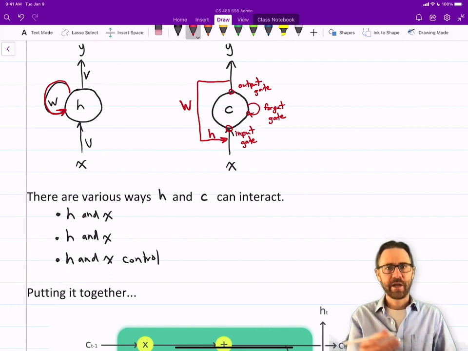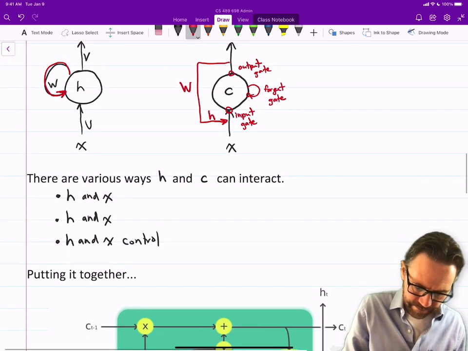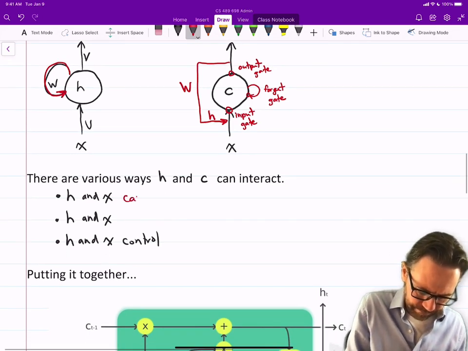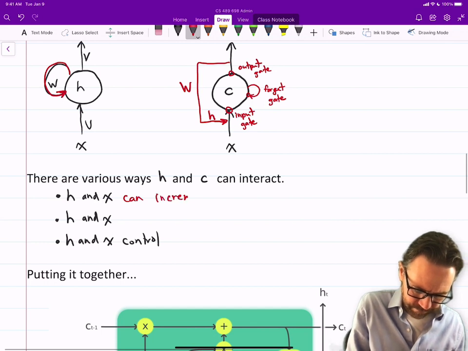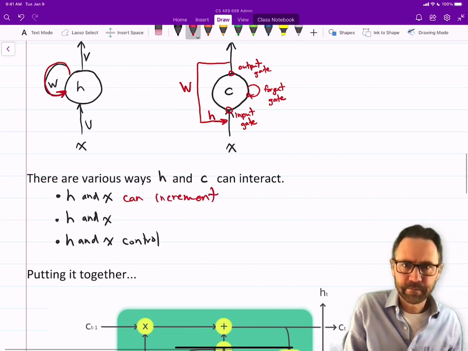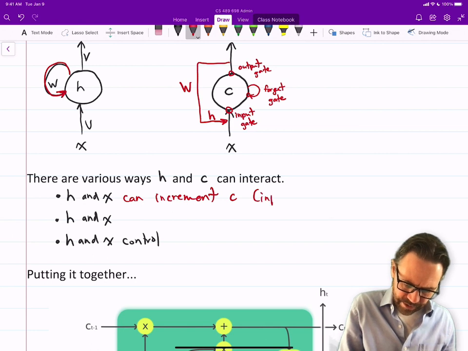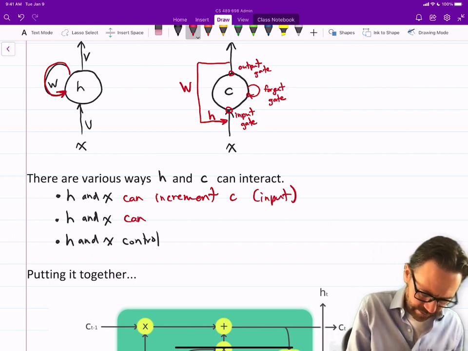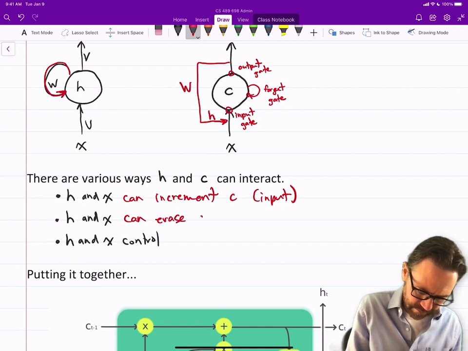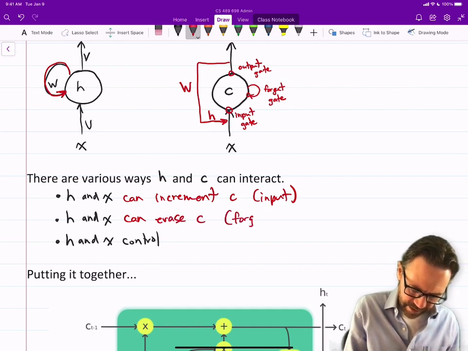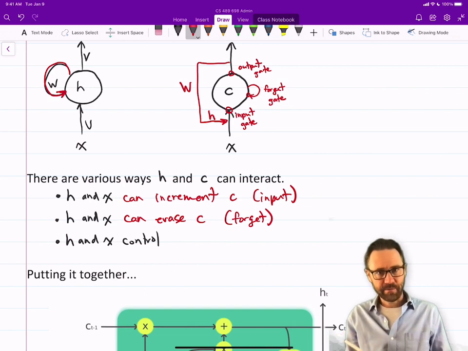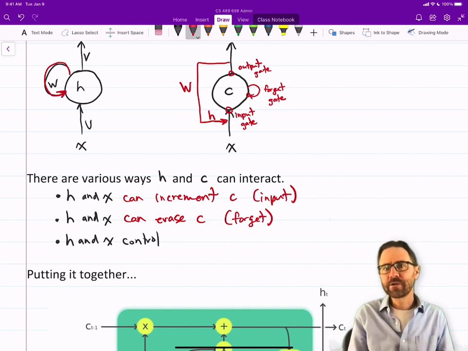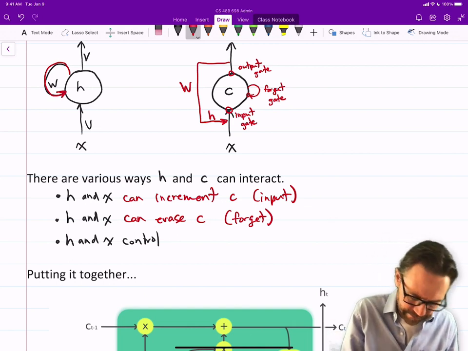H and X can increment C. At the input gate, H and X can erase C. This is the forget gate. And you'll see how later. And H and X can control the output of C.